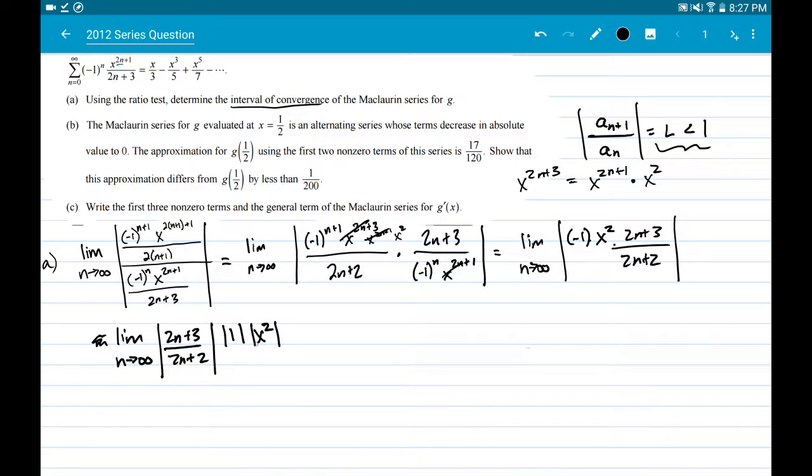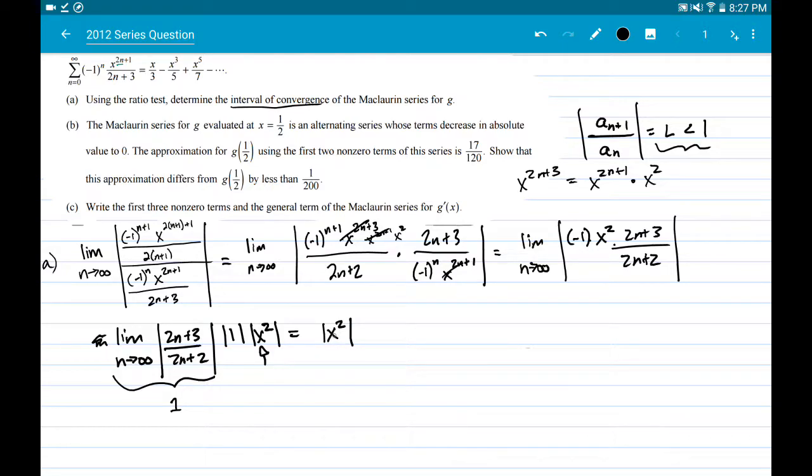These are both considered constants because they have no n's in them. I had a hard time getting my head around that when I first started doing this. This is a constant because you only care about n's. And so this limit, by L'Hopital's rule, is just going to be 2 over 2, which is 1, and you're going to end up with an x squared here.